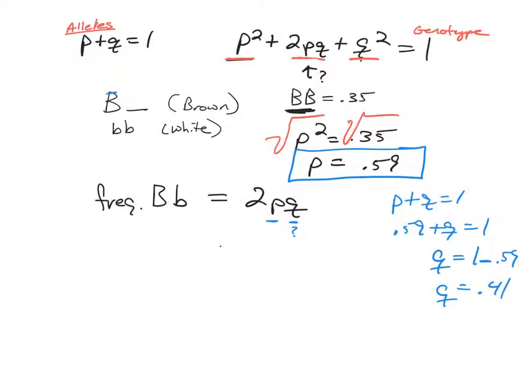So then the frequency of the heterozygote is 2 times 0.59 times 0.41, which equals what? Somebody want to do the calculator work on that? What's the frequency of the heterozygotes?